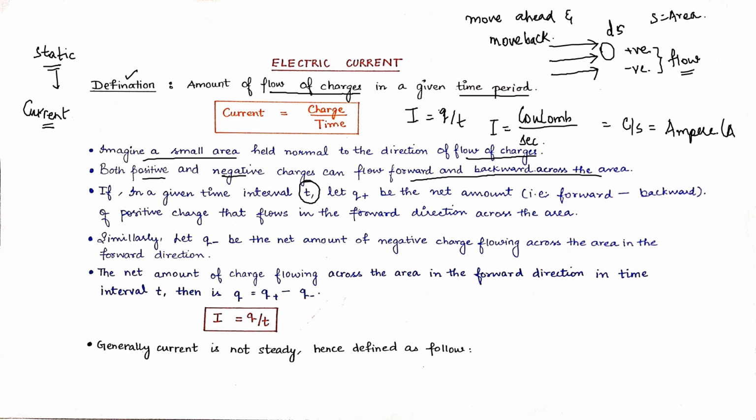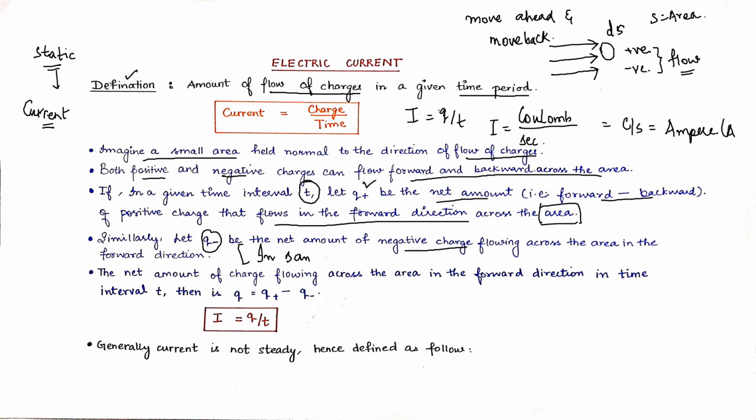So when we are considering this time interval t, let q plus be the net amount of positive charge that flows in the forward direction across the given area. Similarly, let q minus be the net amount of negative charge flowing across the area in the forward direction in the same time interval.